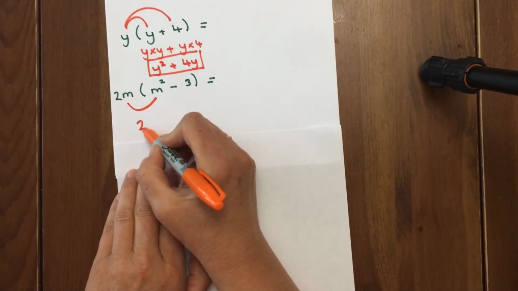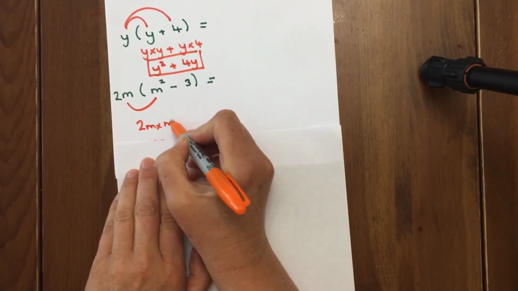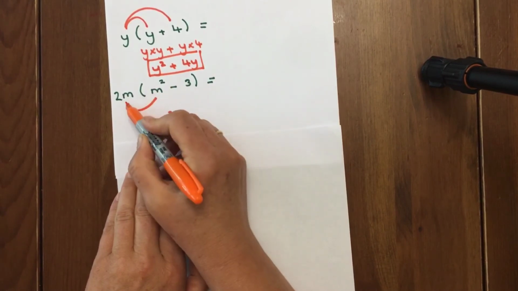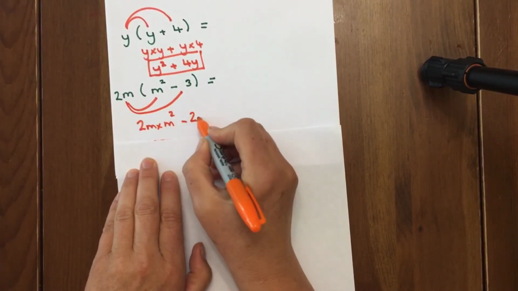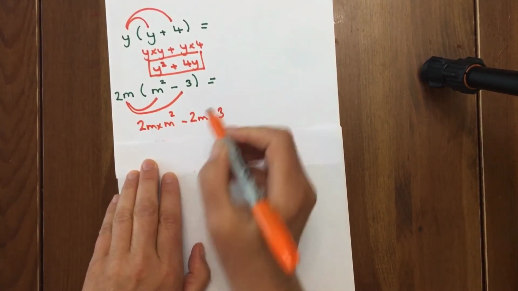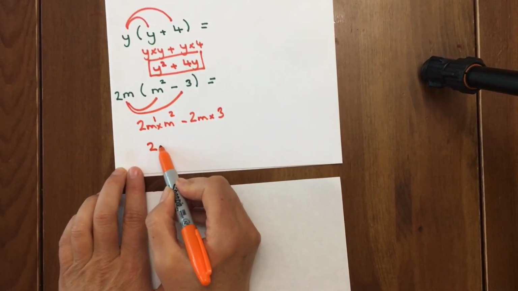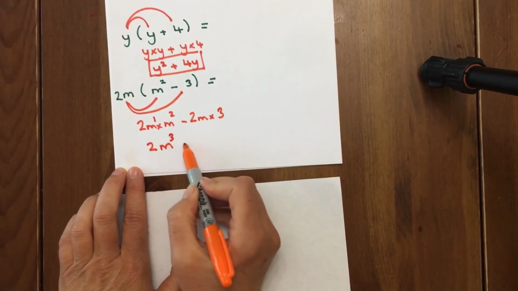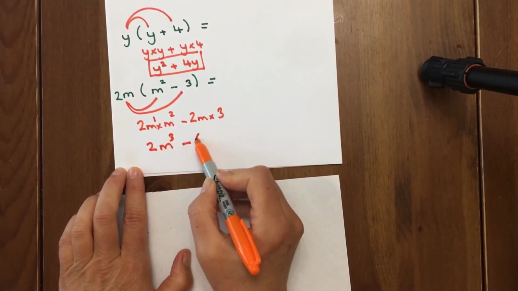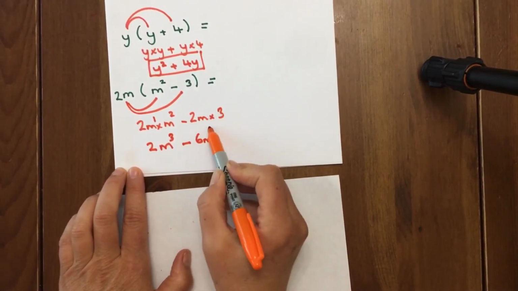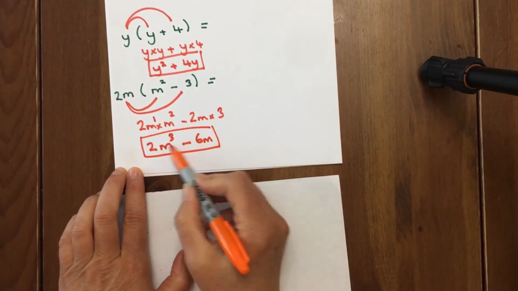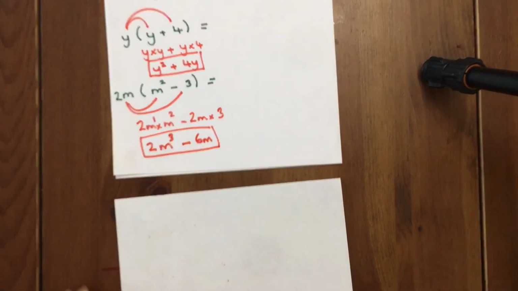2m times m squared minus 2m times 3. So what do we do here? We add the powers, so that'll be 2m cubed minus 6m, multiply the 2 with the 3. We can't put these together, they are unlike terms.